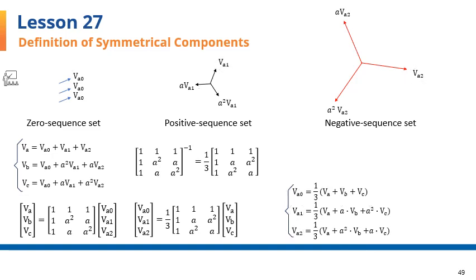It's a common practice to simplify even further by eliminating the letter A from the indices of the VA0, VA1, and VA2, and just call them V0, V1, and V2. When this symbolism is used, it's implied that we are talking about the A components of the zero set, of the positive set, and of the negative set, respectively.